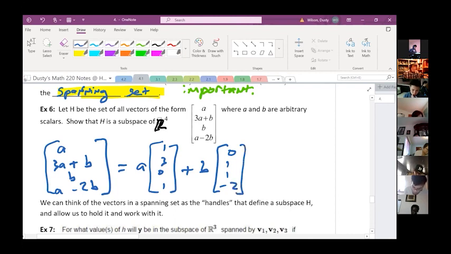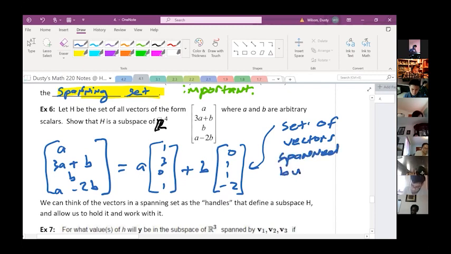Another way of describing this same thing is that this is the set of vectors spanned by those two vectors, 1, 3, 0, 1, and 0, 1, 1, negative 2.